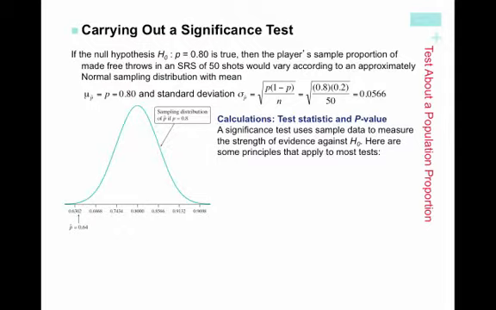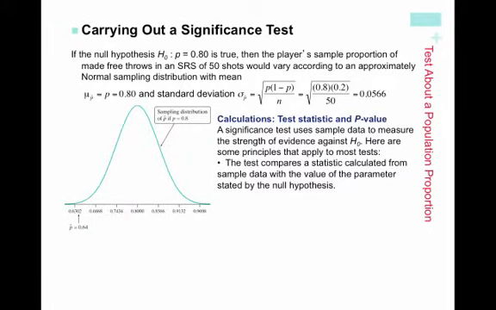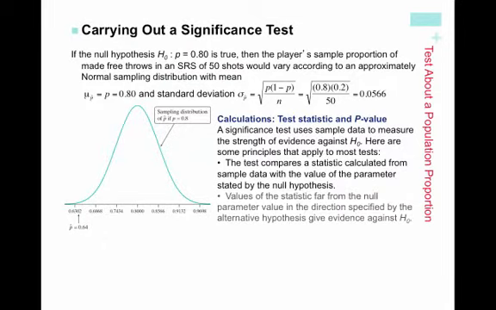A significance test will use the sample data to measure the strength of the evidence against the null. Here are some principles. The first is the test compares a statistic calculated from our sample data with the value of the parameter stated in the null hypothesis. So we're comparing our p hat with what we're claiming to be p. Values of the statistic that are far from the null parameter in the direction specified by the alternative hypothesis give evidence against the null.